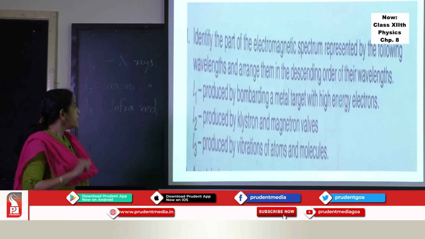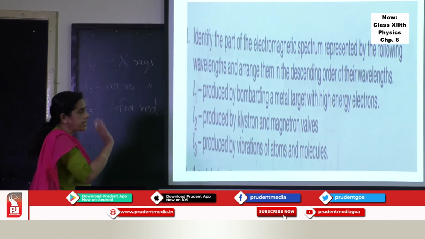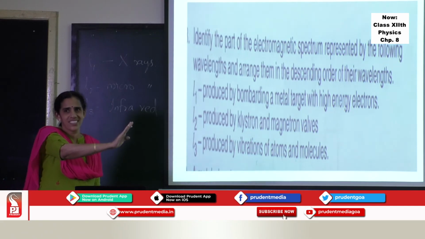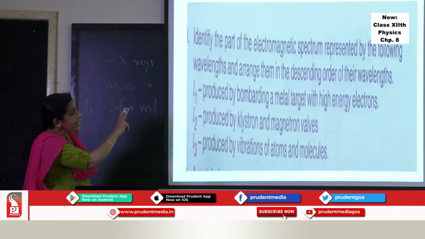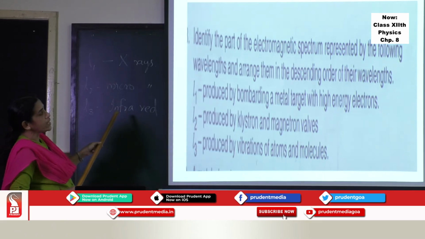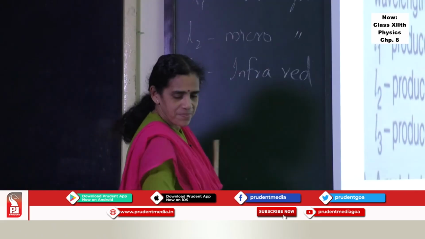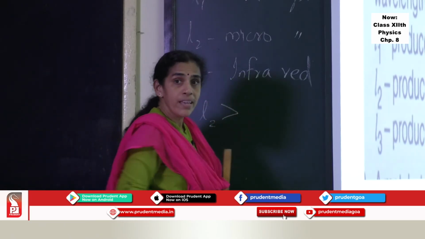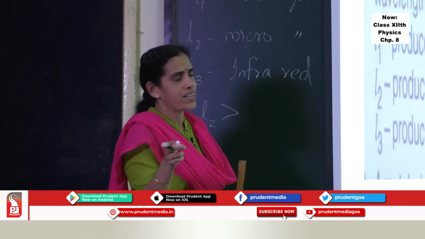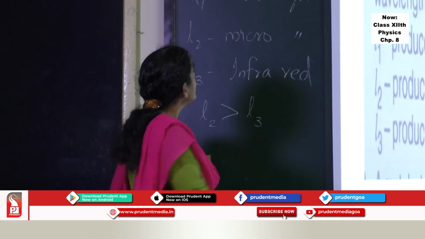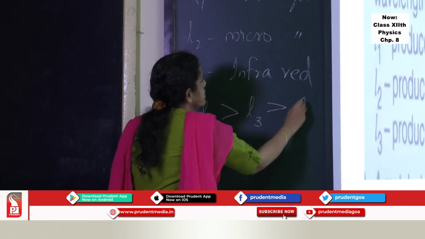Now in this, it's descending order, no? So descending means the highest you should write first. Highest wavelength. Among these, which is the highest wavelength? L2 is the highest. Microwave wavelength is more than infrared. Then L3, then X-rays.